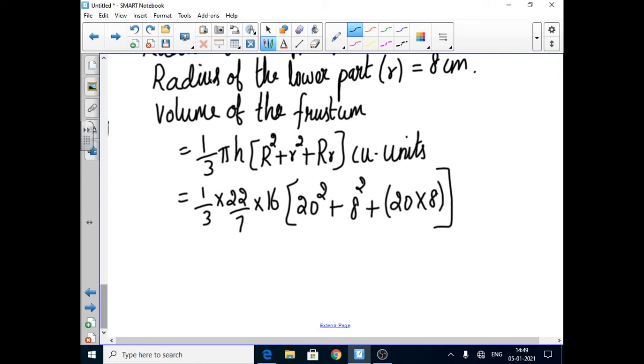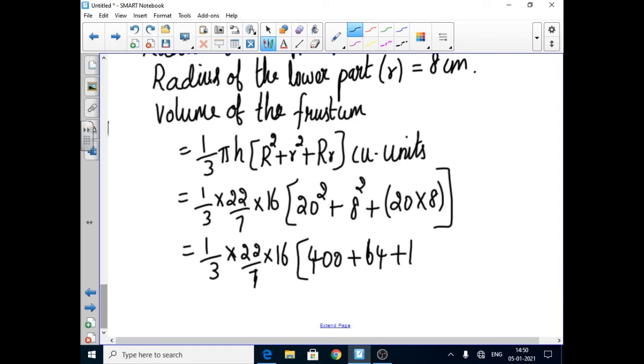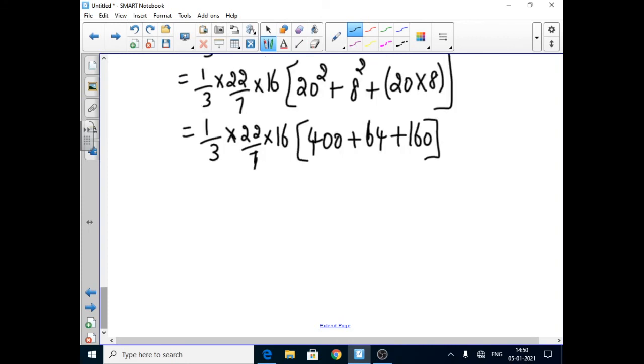So 1/3 into 22/7 into 16 into 20 square, that is 400, plus 64, plus 20 into 8, 160. So 400 plus 160 is 560, plus 64 is 624.